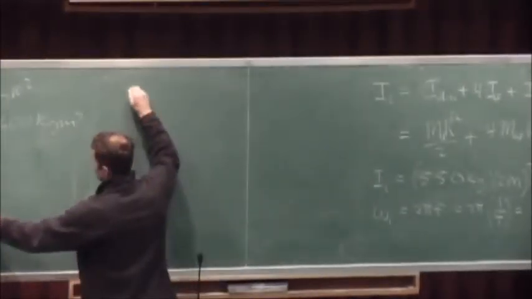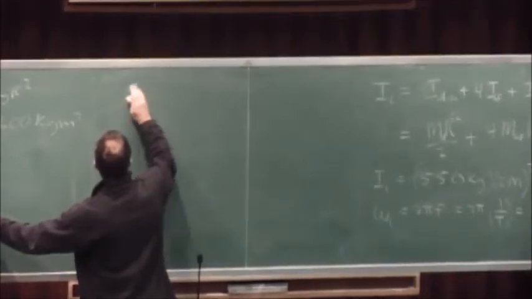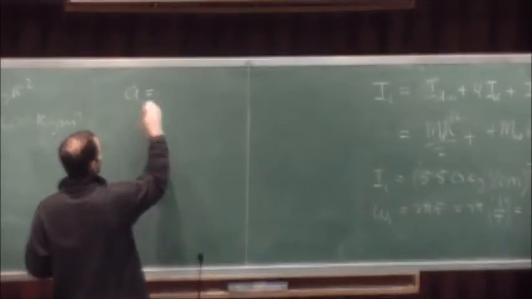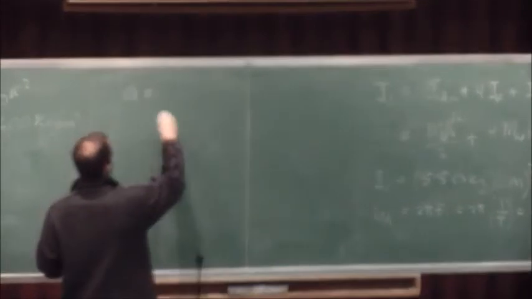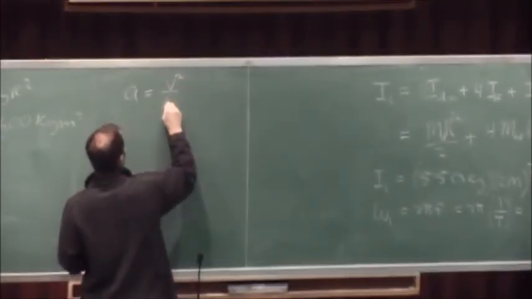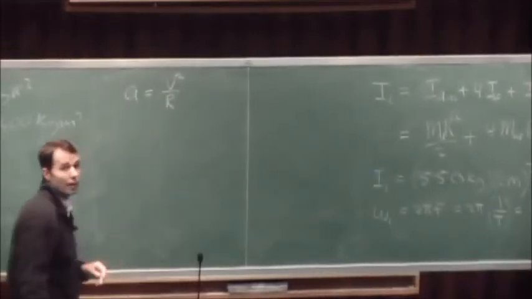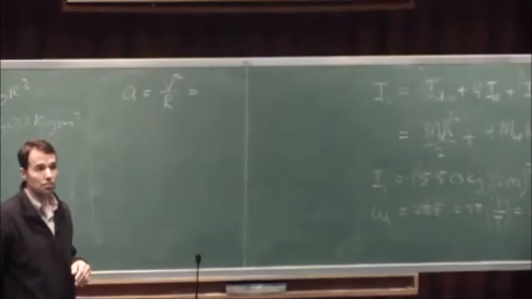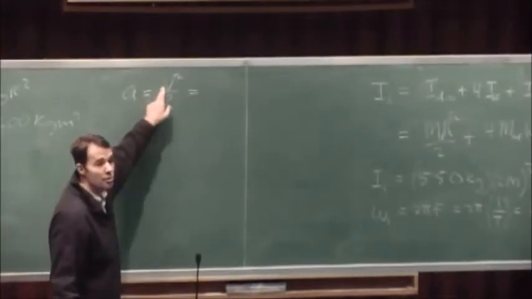So this means omega. So how are we going to find the acceleration? Well, acceleration, let's just do this in terms of g's, right? Is v squared over the radius, right? But what is v squared here? What is v in terms of r?